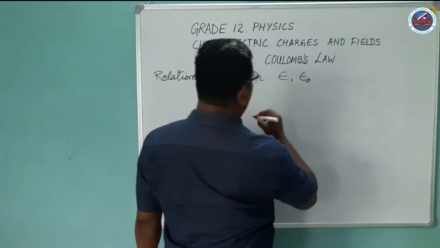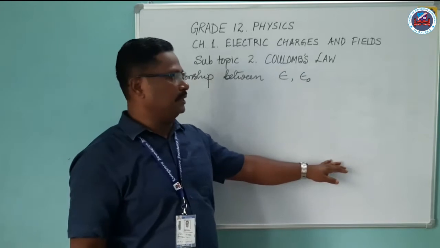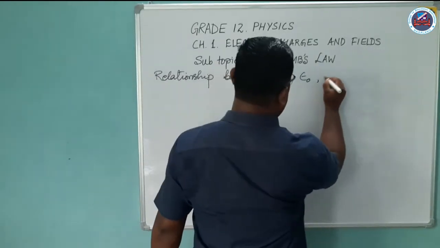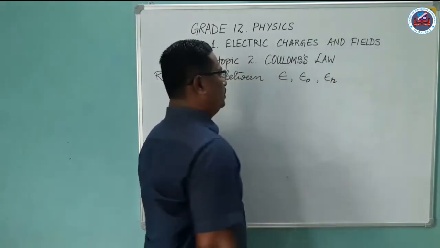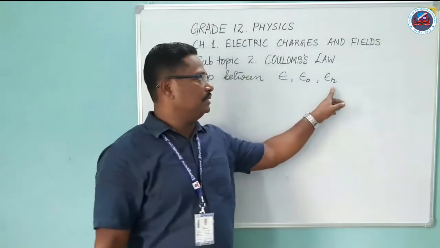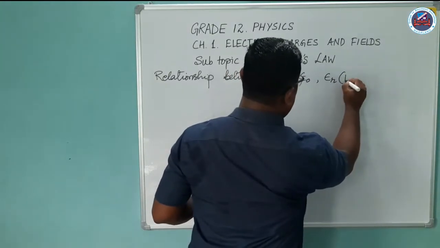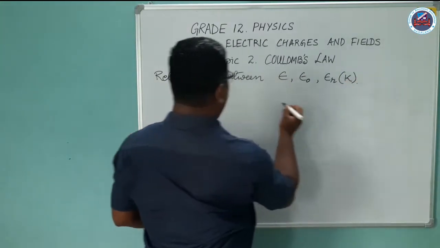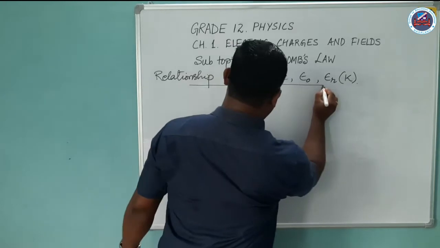Epsilon naught is permittivity in free space. And epsilon r is relative permittivity. This epsilon r is also written as capital letter K. Let us see the relationship between these three.